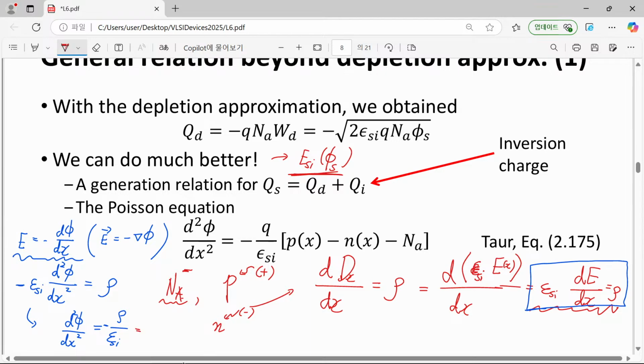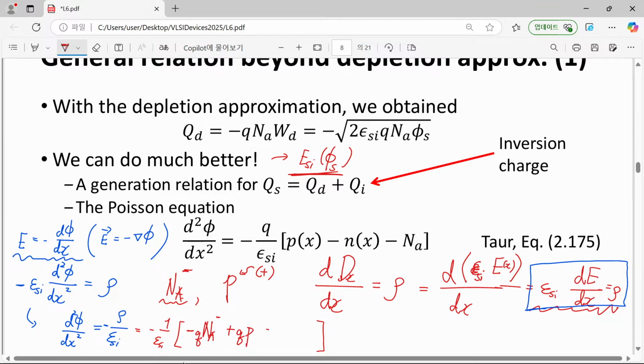So let me just write down. Now we have 1 over epsilon, and now we have to write down Q or rho here. Then how can we write down the net charge density rho? We have contributions from acceptors. Yes. And also we can have contribution from holes.